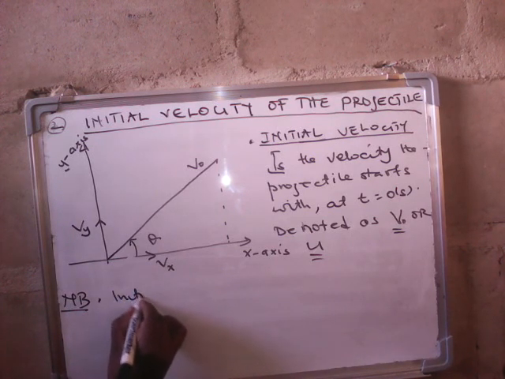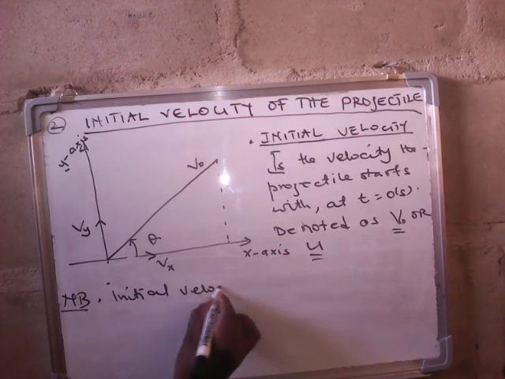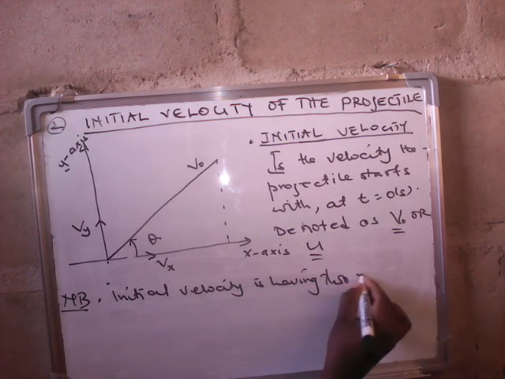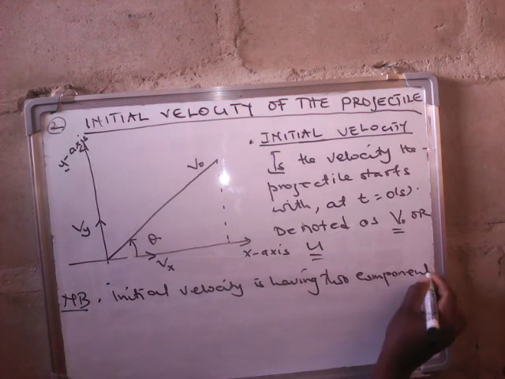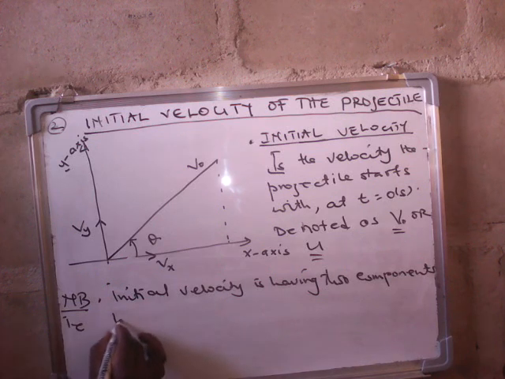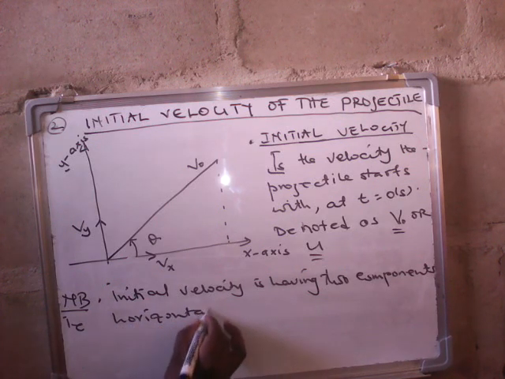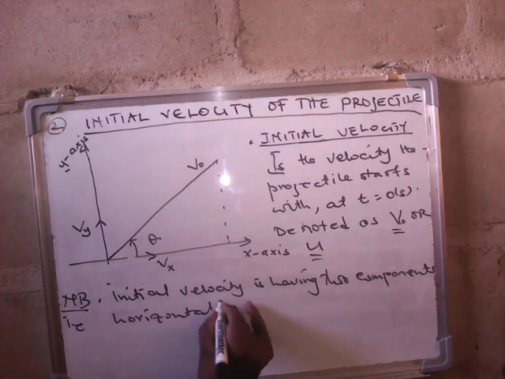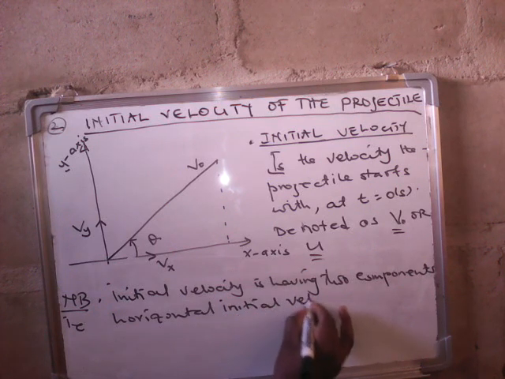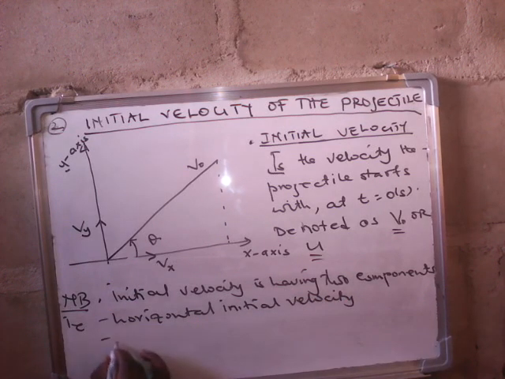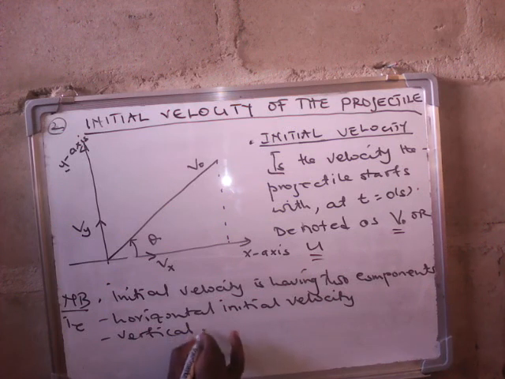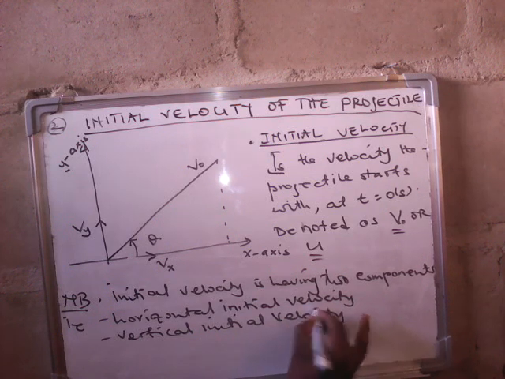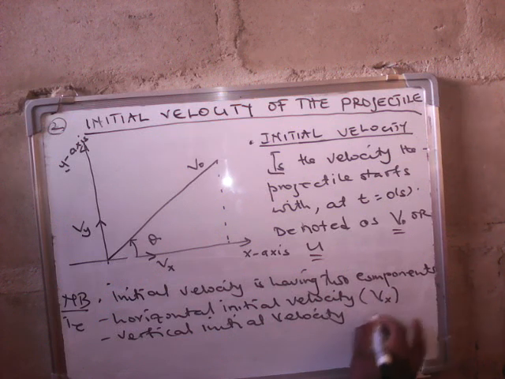Initial velocity has two components, i.e. horizontal initial velocity, and then vertical initial velocity. So horizontal is denoted by Vx, and then the vertical by Vy.